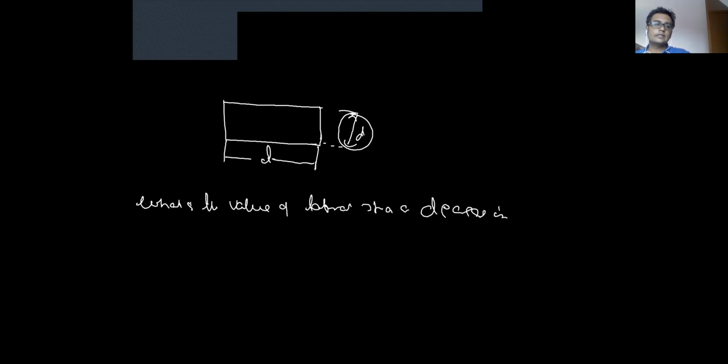Fine. Suppose I take a block, say of side L, and let it be a rod only, say of diameter D. You are being asked in the numerical what is the value of lateral strain, or the decrease in diameter, if the Poisson's ratio of the material is mu.